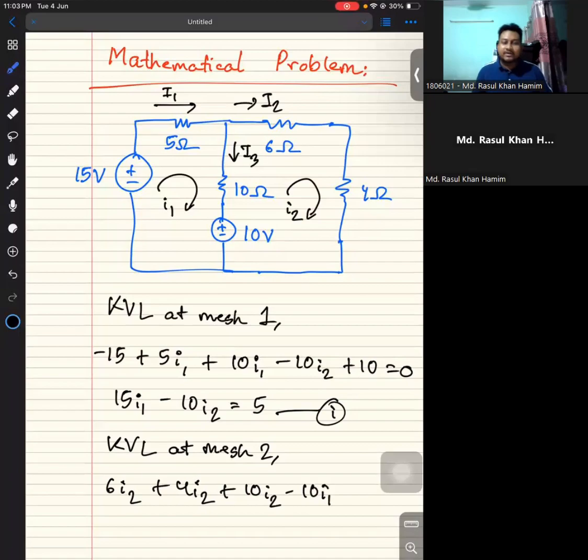We are subtracting I1 here because I1 is opposite to the direction of I2. Then minus 10 equals 0. If we calculate it, we get minus 10 I1 plus 20 I2 equals 10. That is our equation 2. Now we are going to solve these two equations to find the mesh currents I1 and I2.